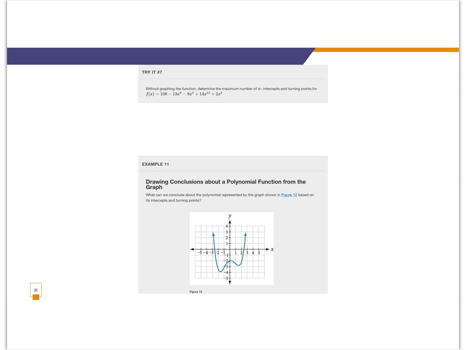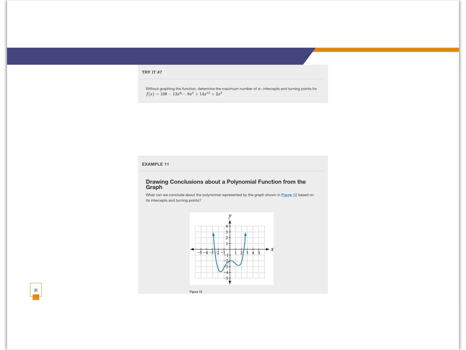Here's try it number 7. When graphing this function, determine the maximum number of x-intercepts and turning points. Well, we're not going to graph it, but not a problem. Are the powers in order? No, they're not.